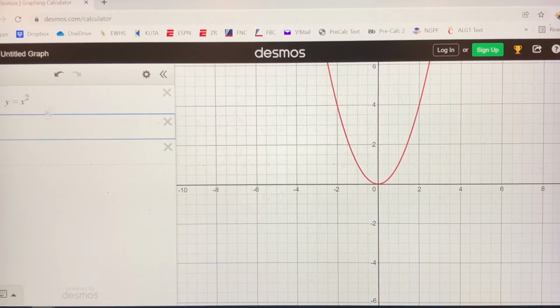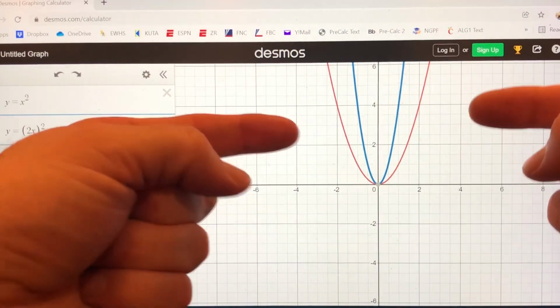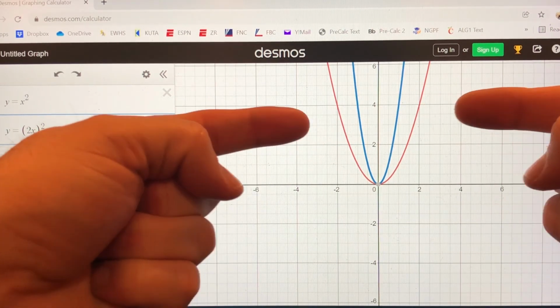Okay, so just like before, I've got my basic function here, y equals x squared. Remember, we're talking about horizontal stretches and compressions here. So my first transformation with the horizontal stretch or compression was y equals 2x to the second power. So notice what's happening here. We're kind of compressing this. We're taking this original function in red and we're compressing it in.